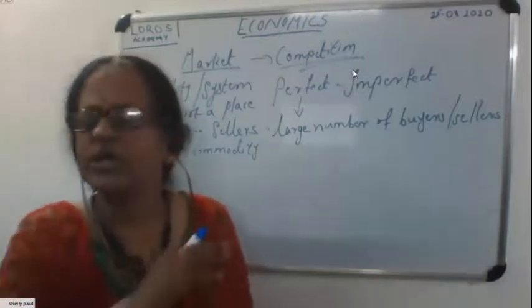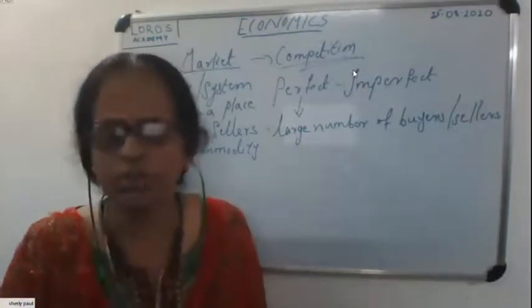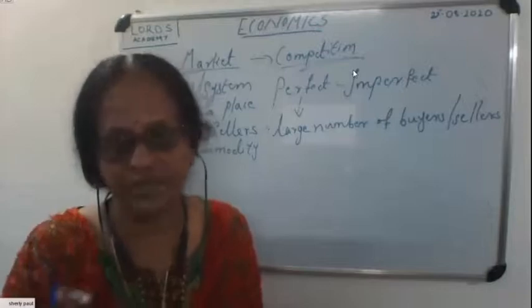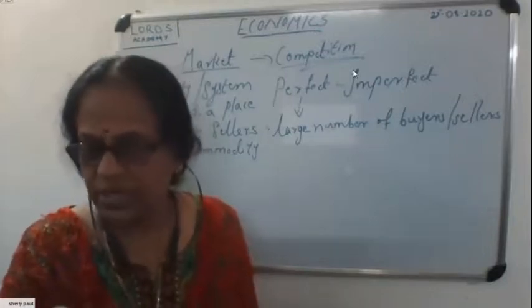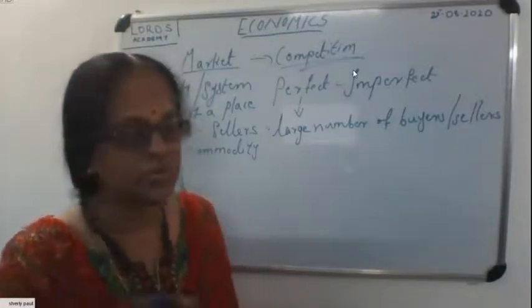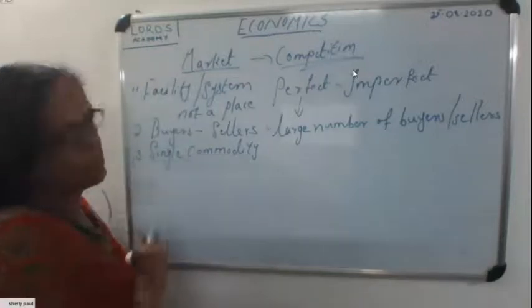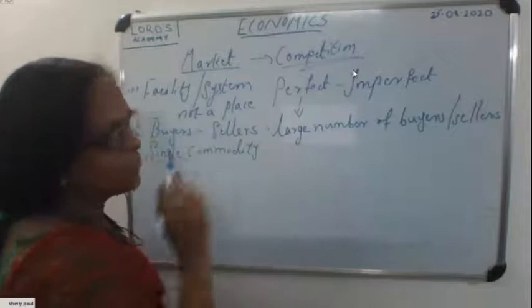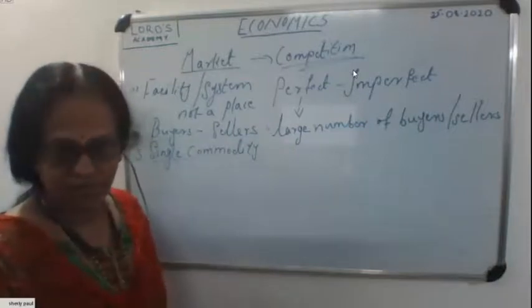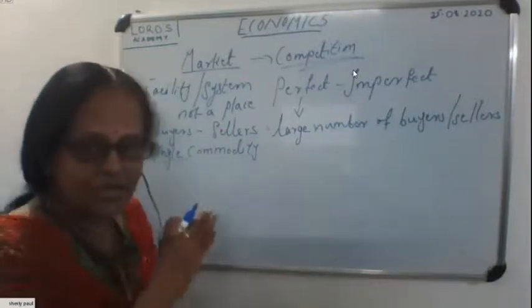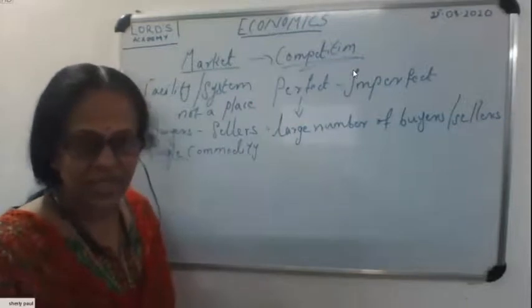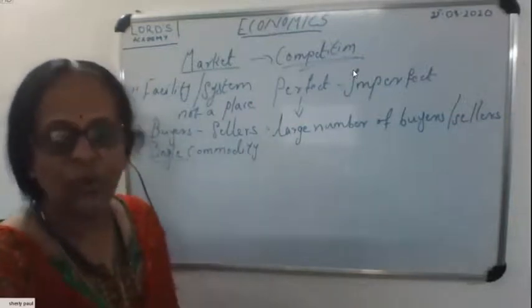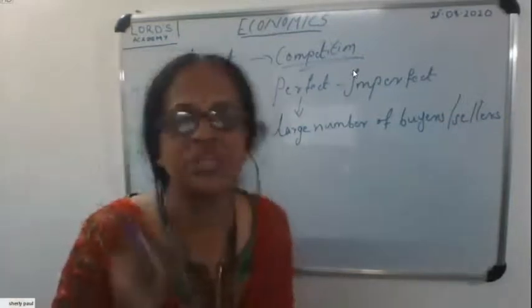What it means is that we can see a huge number of buyers and sellers of the same product. When we are studying economics, we know that market means only a single commodity. For the single commodity, there are a large number of buyers and sellers. Clear? Therefore, if a large number of buyers and sellers are there, they cannot influence the price of the commodity.